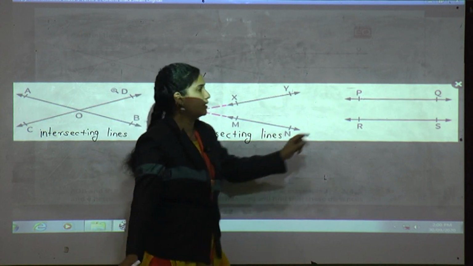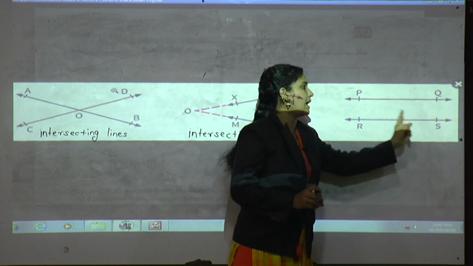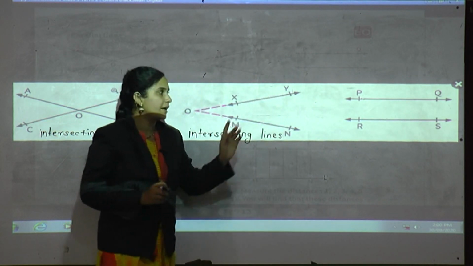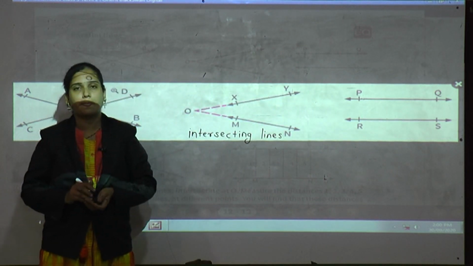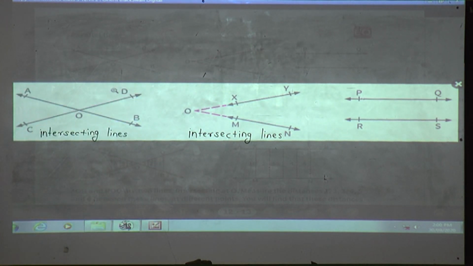Now see this one. Here also two lines, line PQ and RS. Are they intersecting lines? Yes students? No, because they are not intersecting each other.